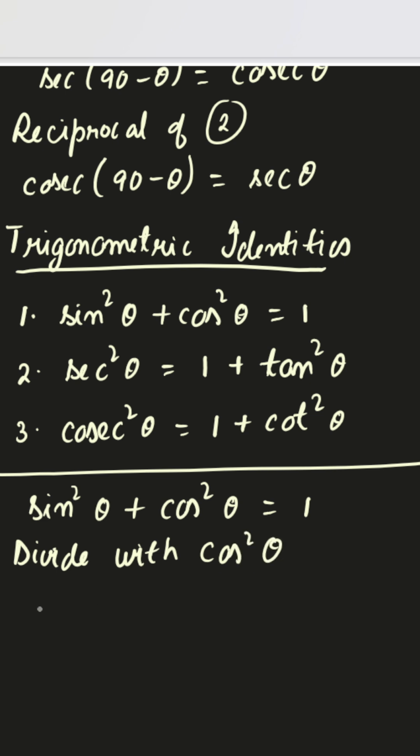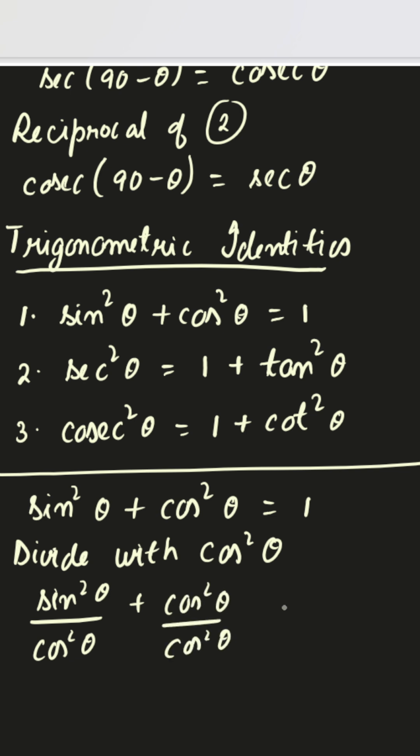In doing so, I'll get sine squared theta by cos squared theta plus cos squared theta by cos squared theta is equal to 1 over cos squared theta. So sine squared theta upon cos squared theta is nothing but tan squared theta.